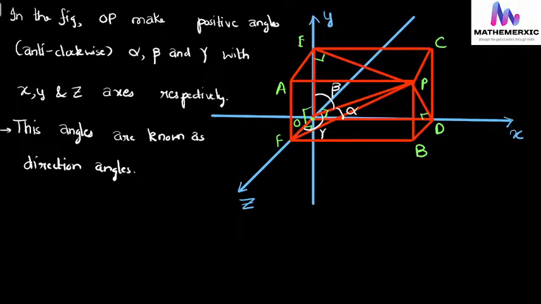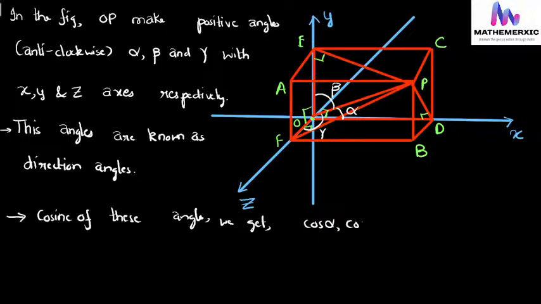Taking cosine of these angles, we get cos alpha, cos beta and cos gamma. Direction cosines make it easy to represent the direction of a line and a vector in space.